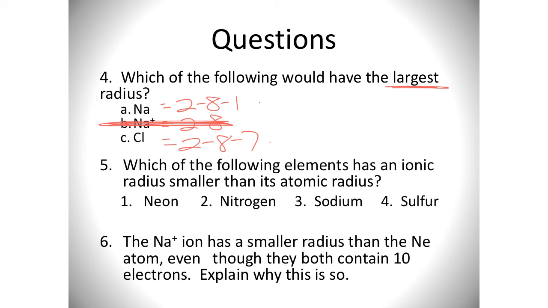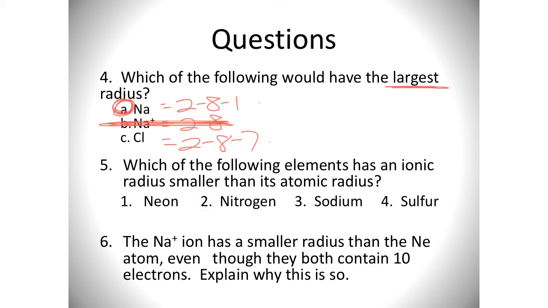But chlorine has more protons, so chlorine can pull the electron shells in tighter, so that would leave sodium to be larger. Plus, we also could have looked this up on Table S and seen that sodium atom has a radius of 160 picometers, while chlorine has a radius of 100 picometers. So Table S can help us out too.